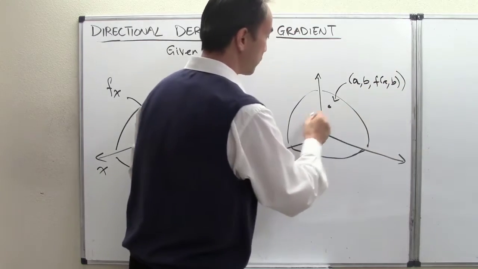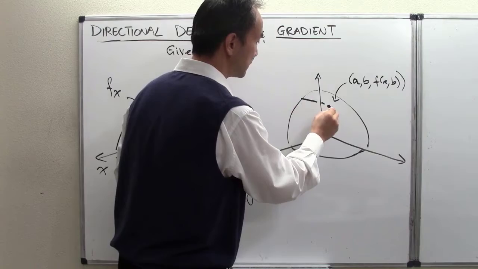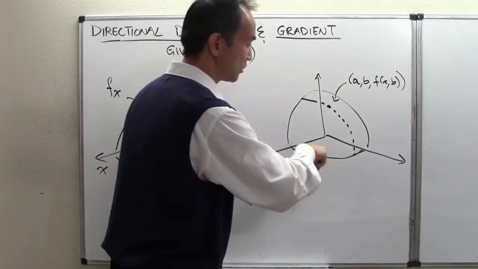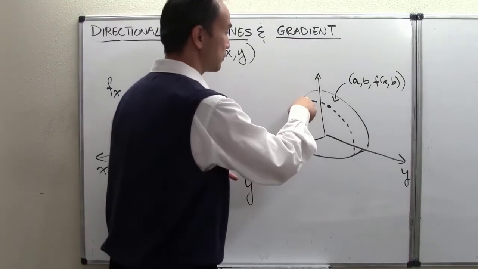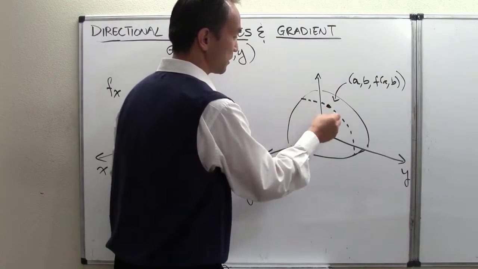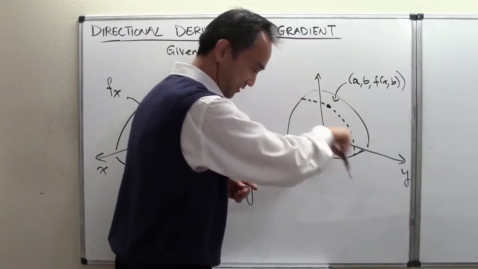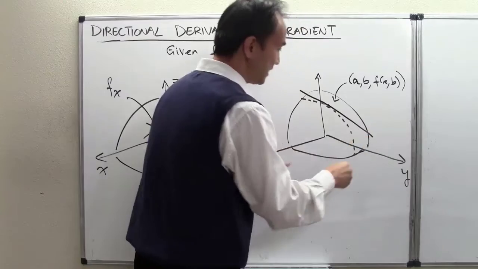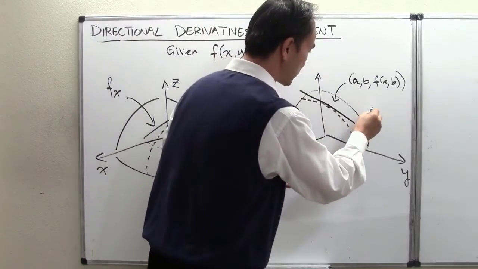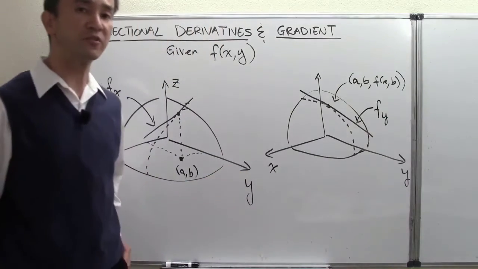Right on that point belongs a tracing curve along the y-axis. The y-axis is here, and right through that point on that tracing curve along the y-axis, there is a tangent line, and the slope of that tangent line is famously what we already understand: the partial derivative with respect to y.